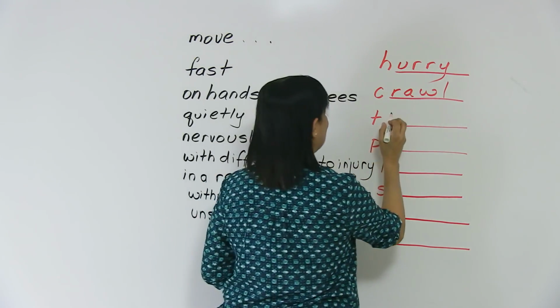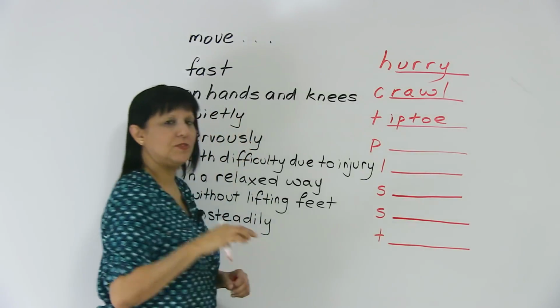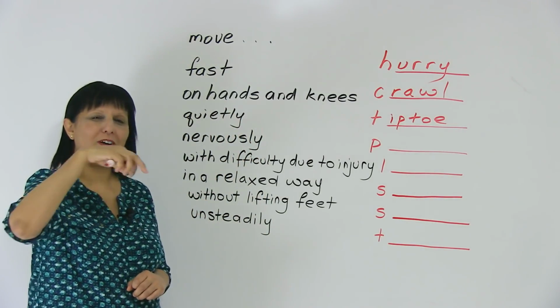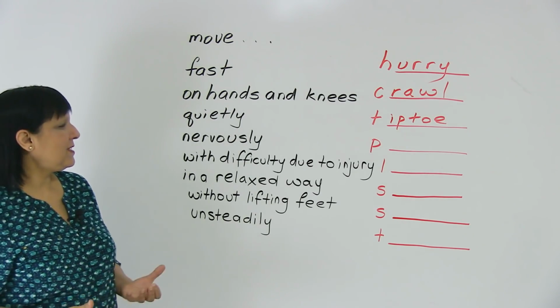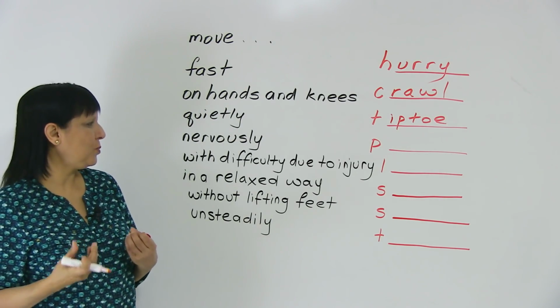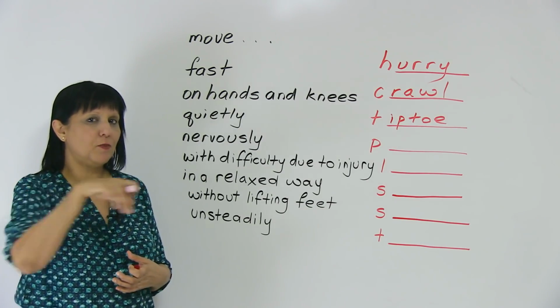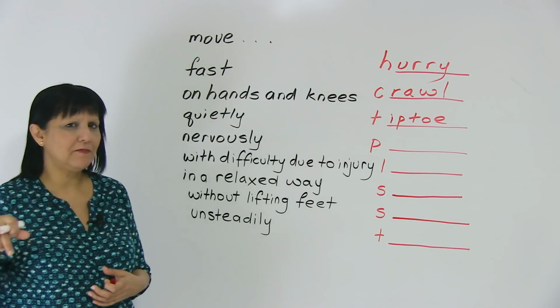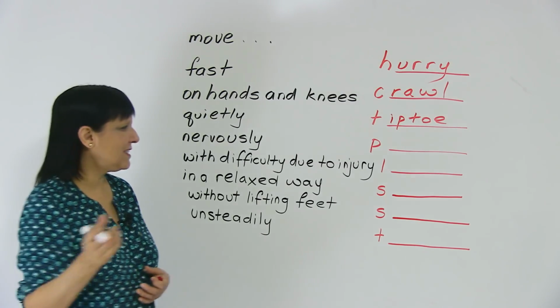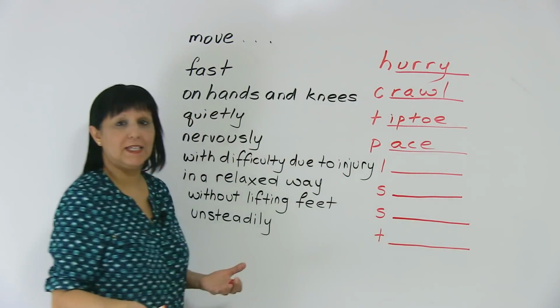To tiptoe, right? To walk on your toes, literally. To tiptoe. What does it mean? What is the word that means to move nervously, back and forth? You're waiting for some important news and you're moving back and forth. It means to move back and forth is to pace.